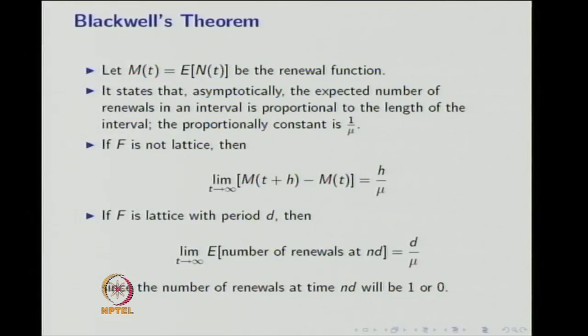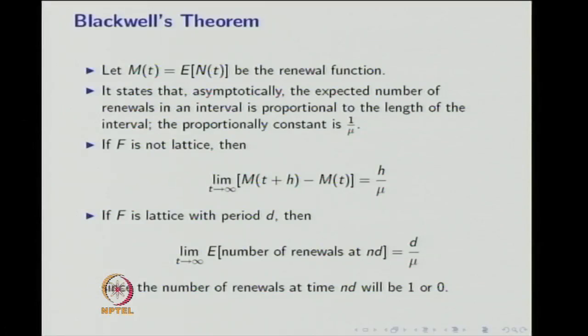The last renewal limit theorem is Blackwell's theorem. Let M(t) be the renewal function, and Blackwell's theorem says that asymptotically the expected number of renewals in an interval is proportional to the length of the interval. That is, the proportionality constant is 1 divided by mu.